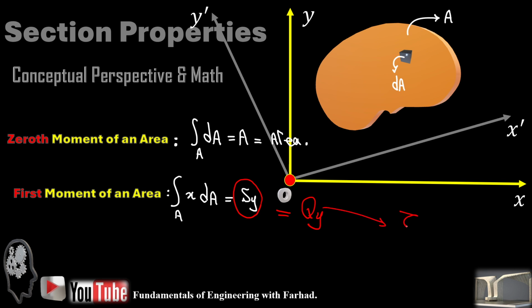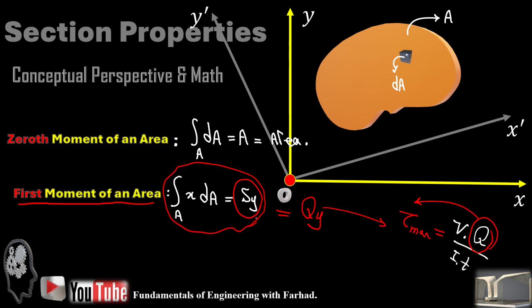That's useful in the transverse shear tau max calculation. We'll talk about it in detail later, and that's VQ over IT. So in this formula, Q stands for the first moment of an area, and it just comes from this equation.